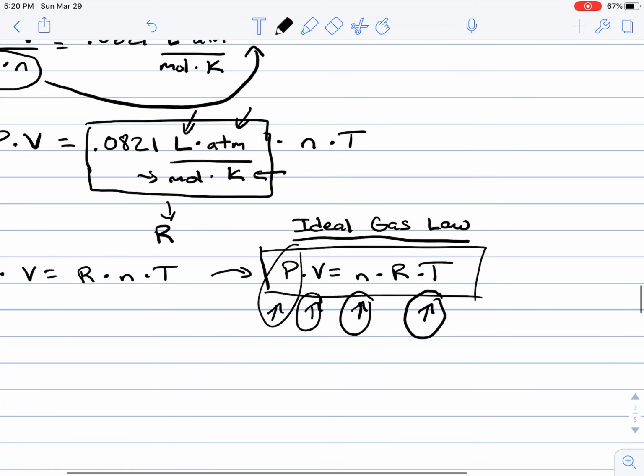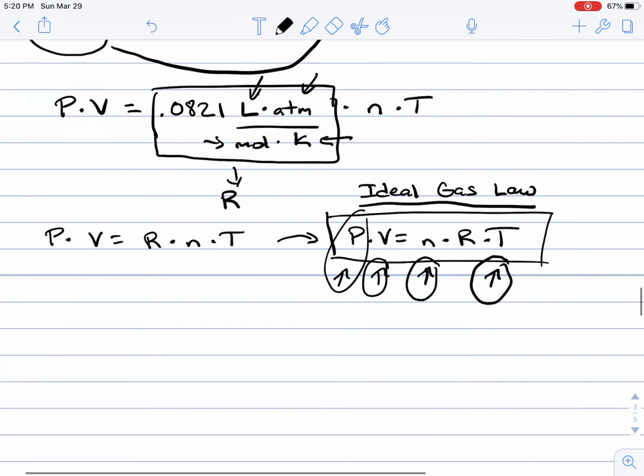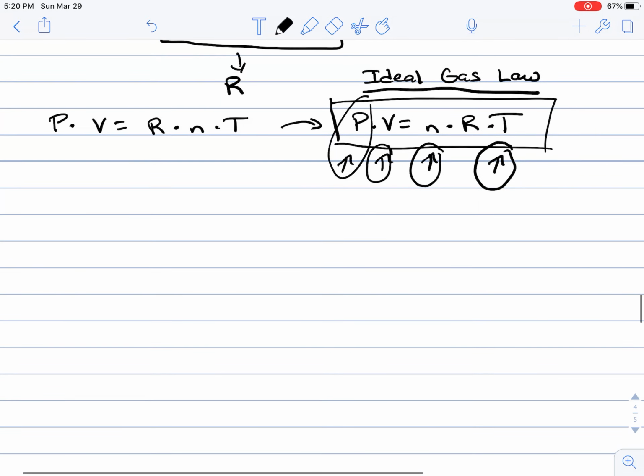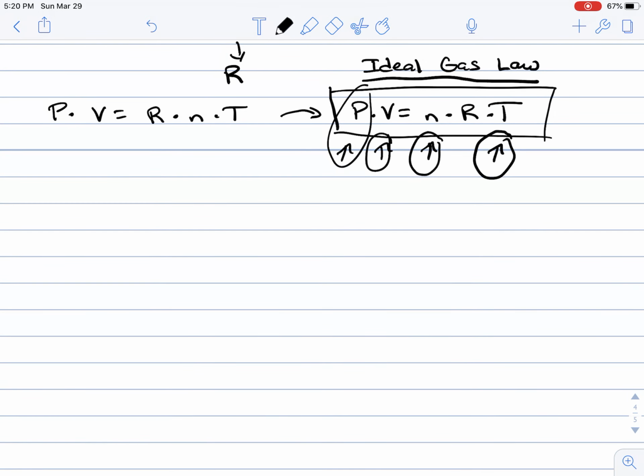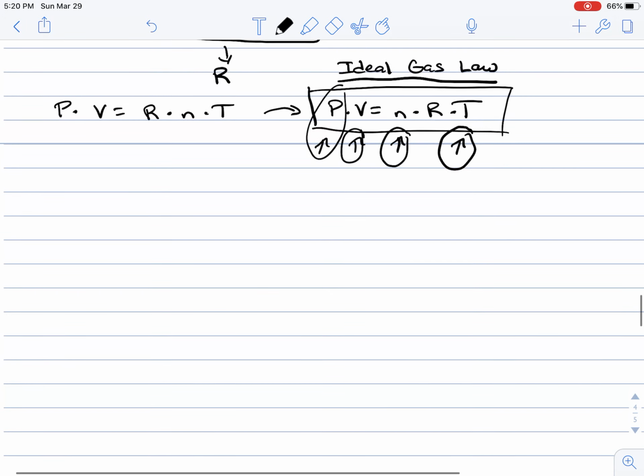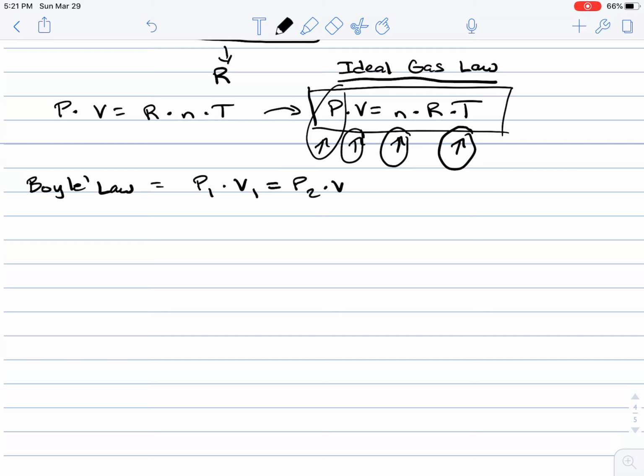Just to summarize what we've discussed, we've discussed a lot of mathematical equations that we can use to determine the number of moles of gas, pressure of gas, volume of gas, temperature, etc. Just to review, we have Boyle's law, and Boyle's law is P1 times V1 equals P2 times V2.